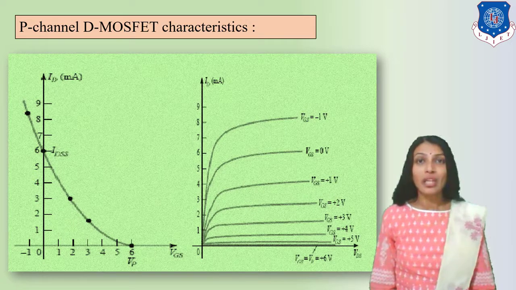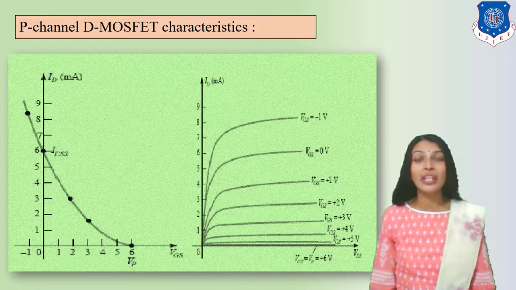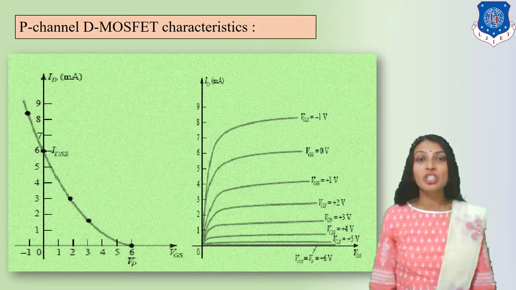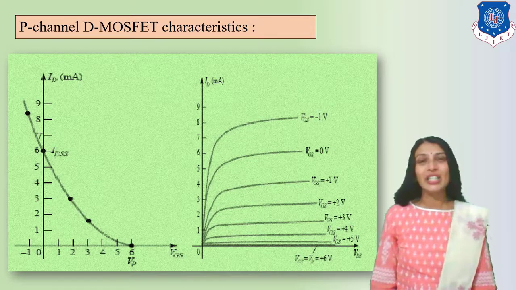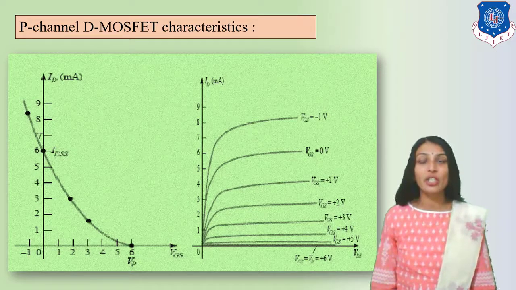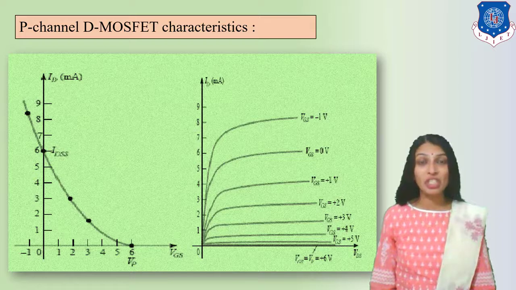And if I am discussing the enhancement case, then in the third case VGS will be assumed to be negative. Let's take only one example, VGS equal to -1, then ID will be increased. So dear students, for the P-channel D MOSFET characteristic, always remember the symbol and construction first, then apply the input voltage VGS.